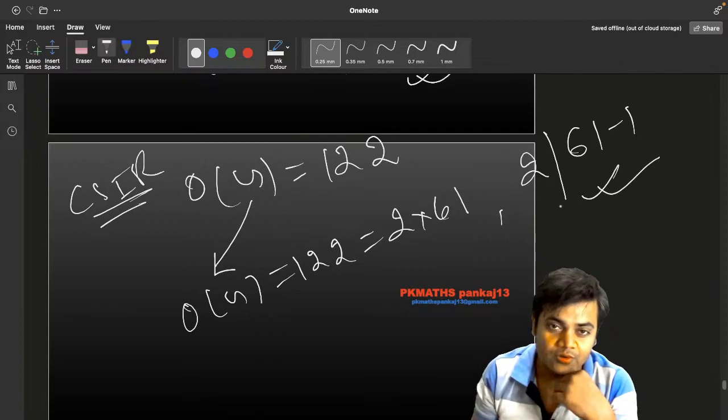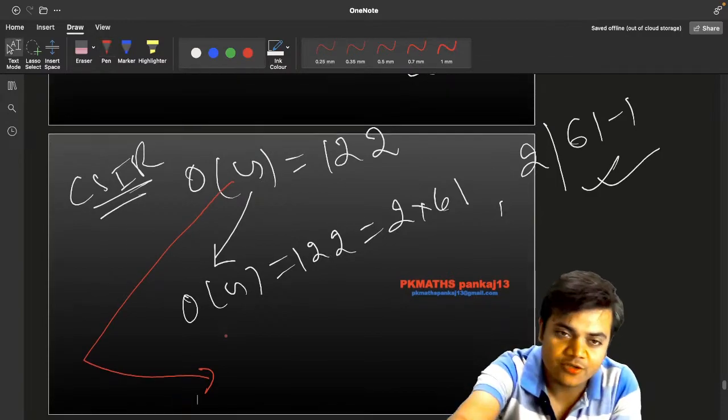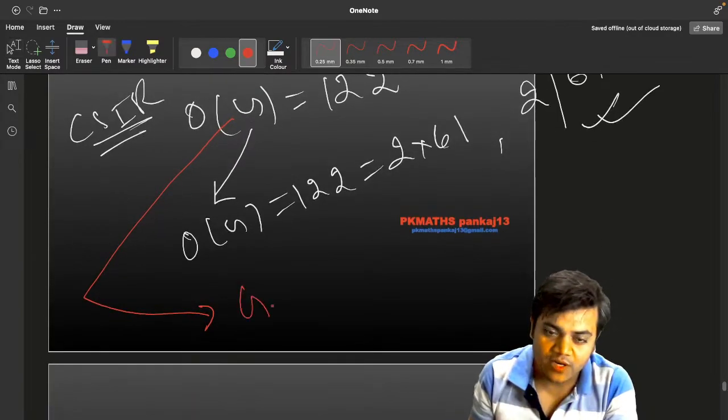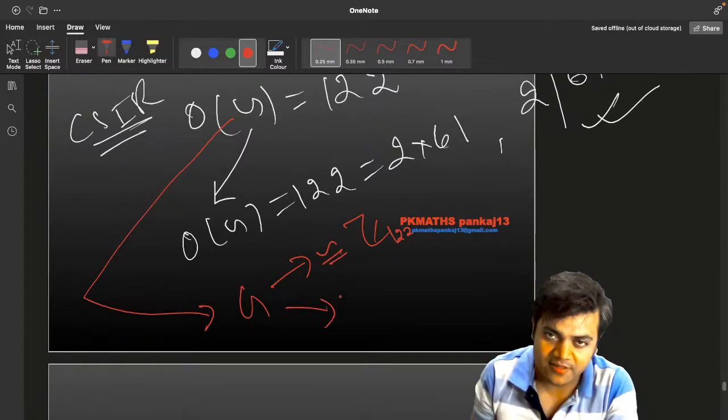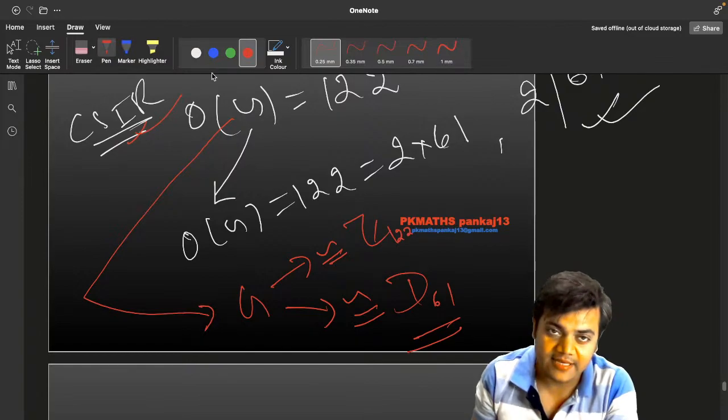So yes, it's true. So according to the previous result it will have how many possibilities? Certainly 2 possibilities: in one, G will be isomorphic to Z122, and another possibility is certainly a non-abelian group, which is D61. So yes, this has been asked in CSIR NET.